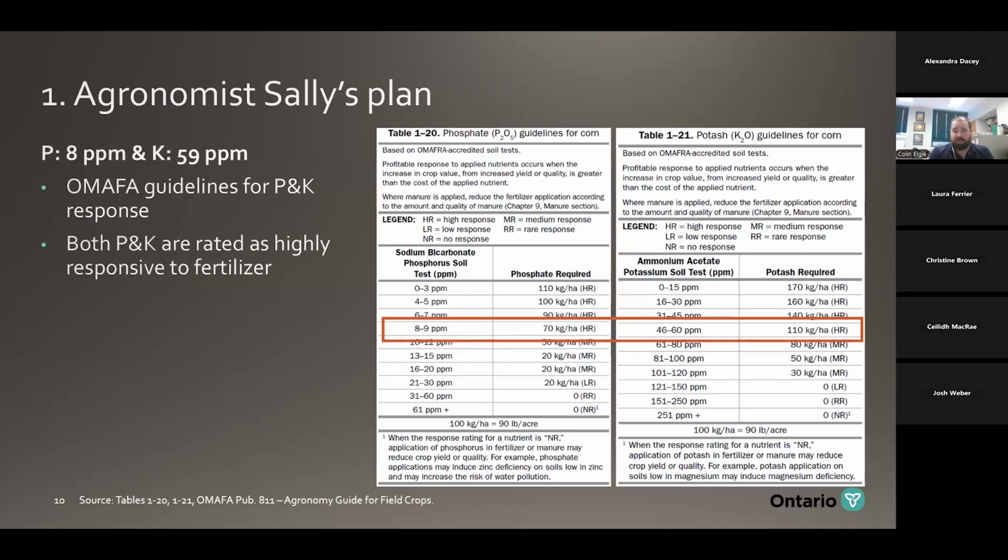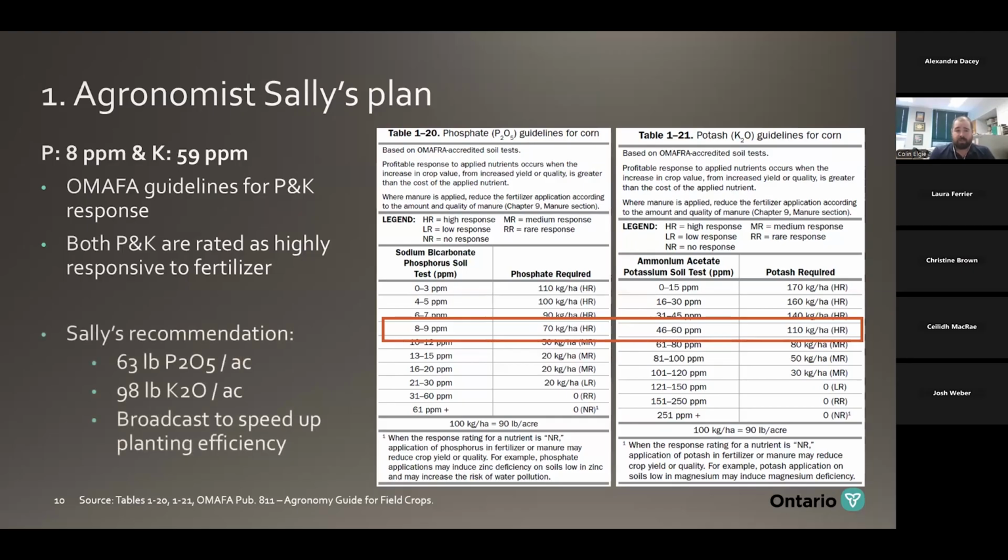Obviously, the lower soil tests are going to require a higher rate of fertilizer to really account for what that crop needs and what that crop will be pulling out. So lower soil test levels supply less nutrient from those soils, and so higher rates are required for fertilization.